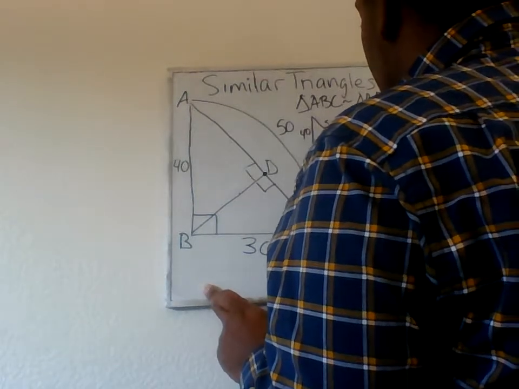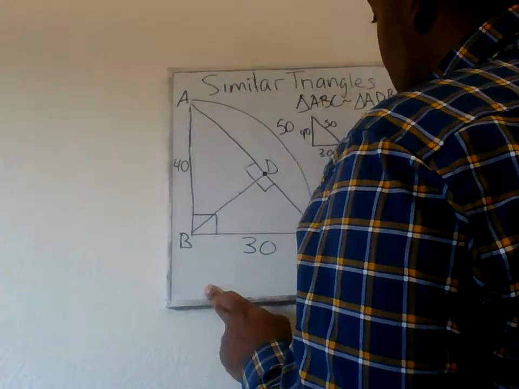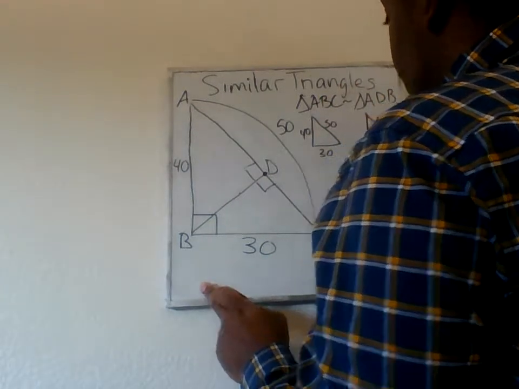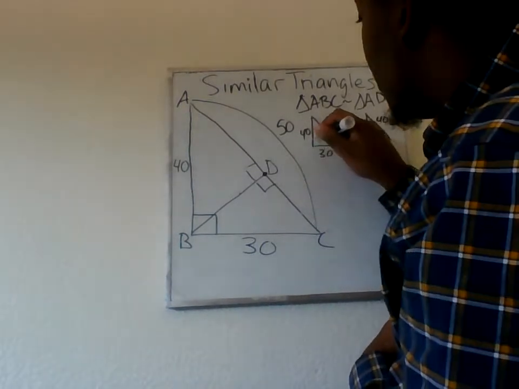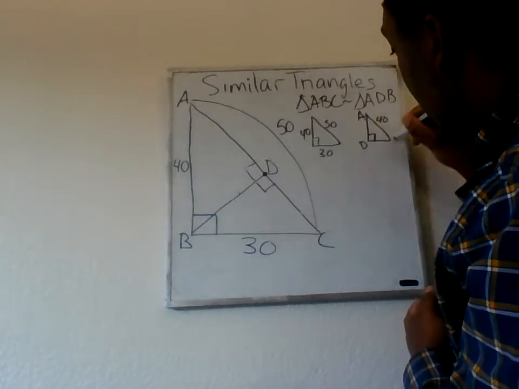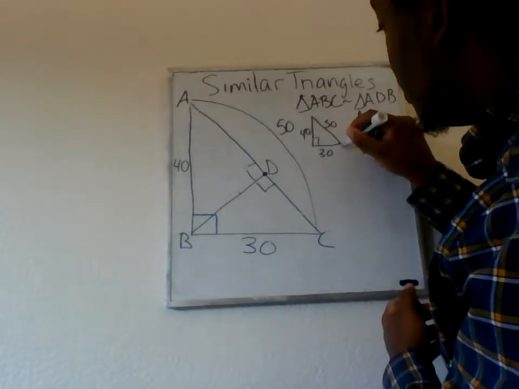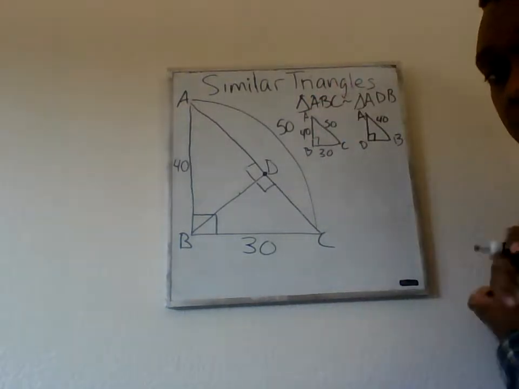And the only thing we know is that AB is 40. So that was ABC, and this is ADB. Okay? So the only thing we have in relation to one another here, and I can put these ADB, that makes it easier for you. This was C, that was B, and that was A. So you can see the similarity between them.